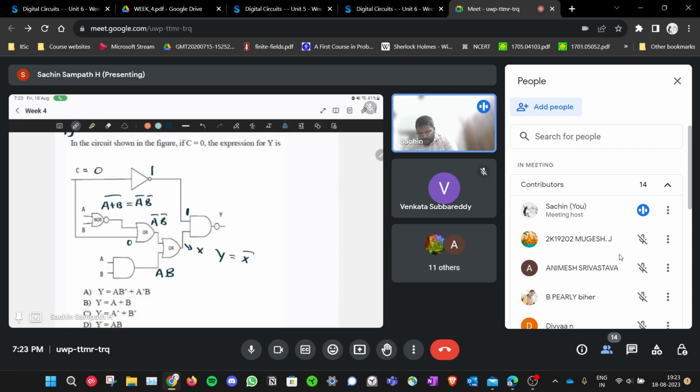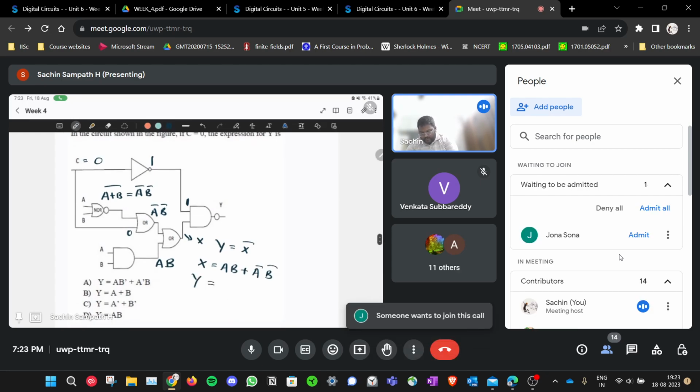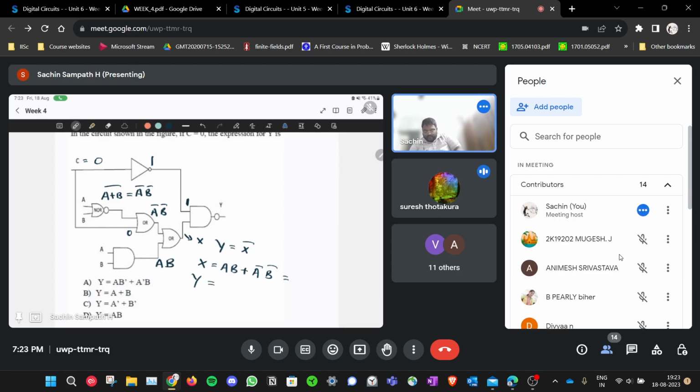AB and A bar B bar are ORed. So X is AB or A bar B bar. So Y is the complement. What is this thing? XNOR. I mean this thing. X is XNOR. This is XNOR gate.